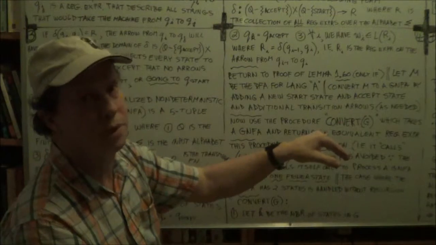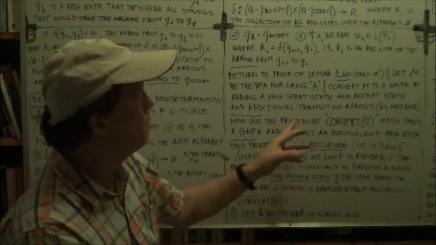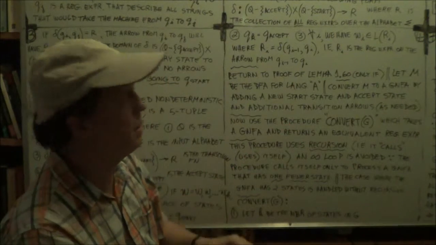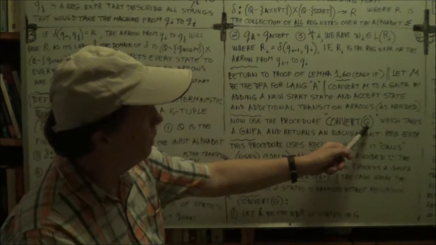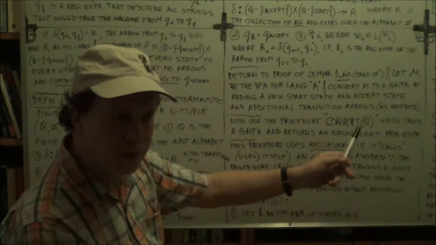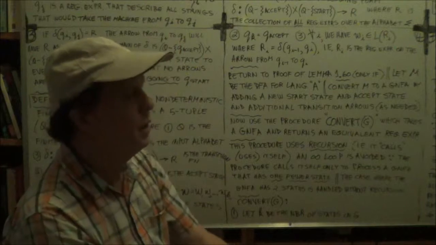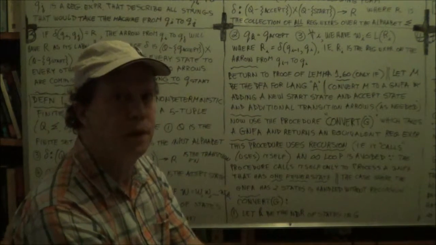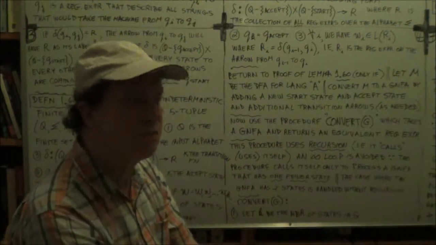Those with a computer science background will find this very familiar. For those with no background in computer science, just think of this as a function, right? And it operates on this G, which is a formal description of the GNFA, the generalized NFA. Okay, and the output of your function will be the corresponding regular expression R.